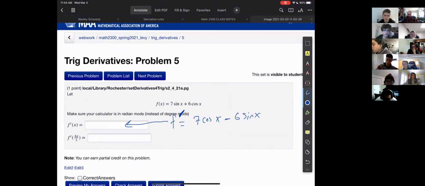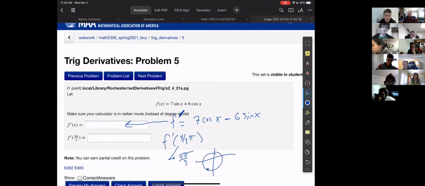Yeah, that part's okay. And then we just want to plug in this particular one, it wants us to plug in 4/3 pi. And if we think back to our trig, we can use a calculator on this if you guys want to, but 4 pi over 3 is one that we know how to do, right? 4 pi over 3 is down here.